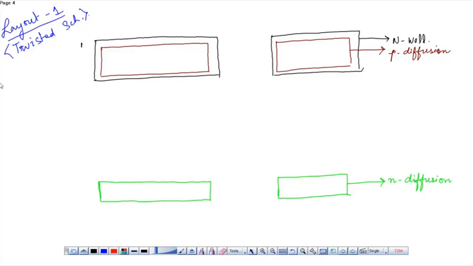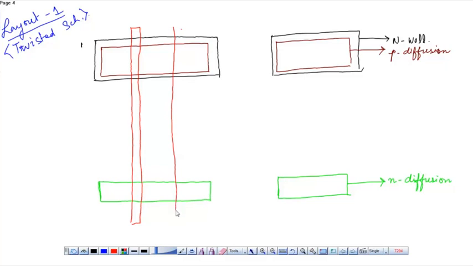Now we have to make the poly layer, so that you can find the gate connections first. This is poly 1, and this is poly 2.